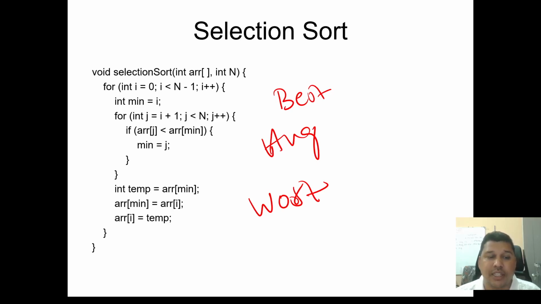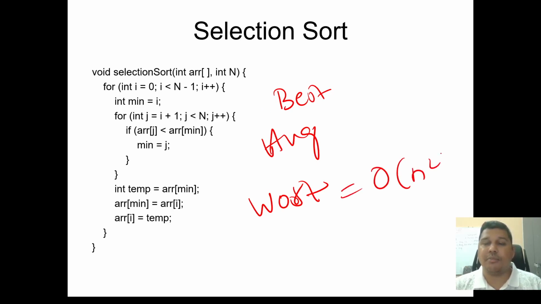Please guess the best case, average case, and the worst case. Worst is order of n square, because definitely we have to repeat everything, this and this also every time.